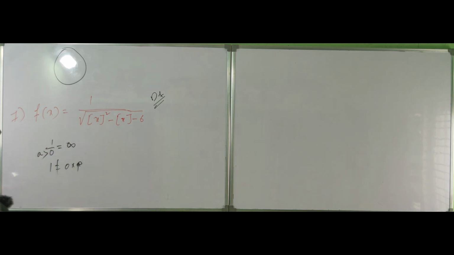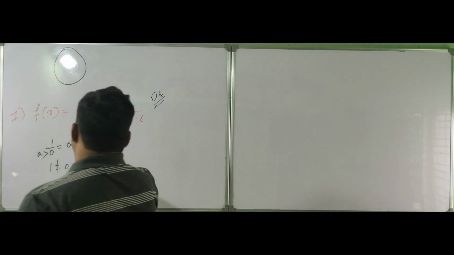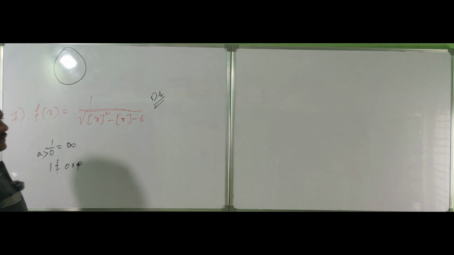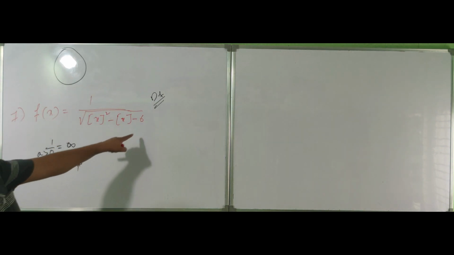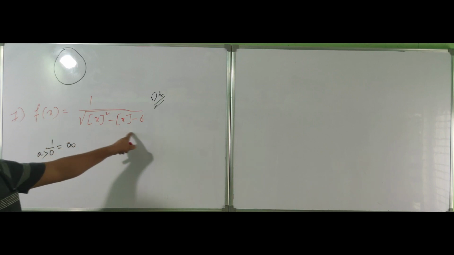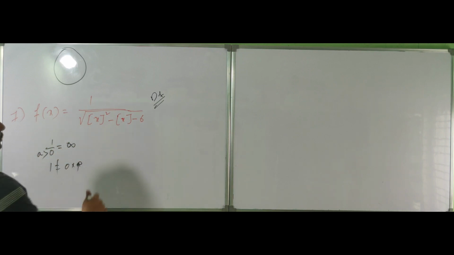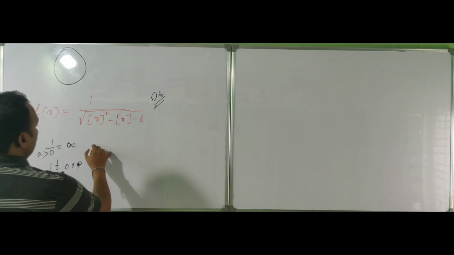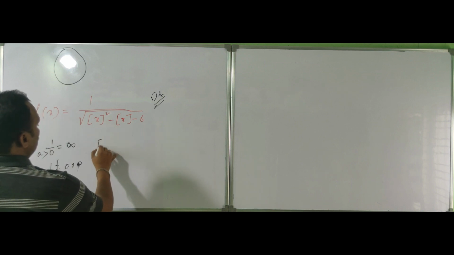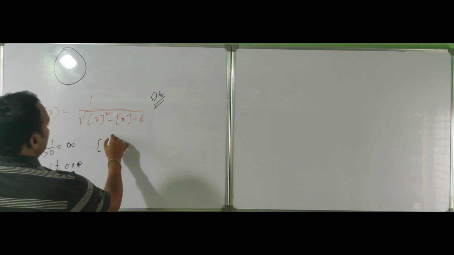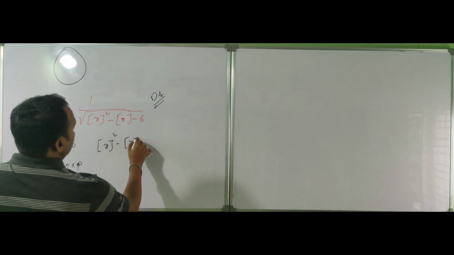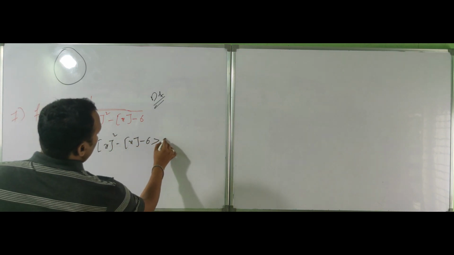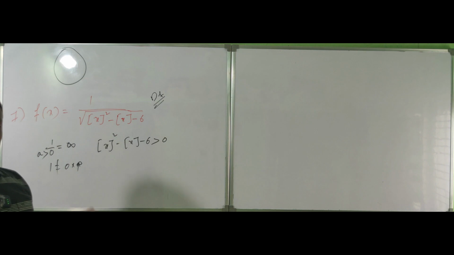Therefore, x belongs to the real numbers, and the square root function must be greater than 0. So I am writing the square root function x square minus x minus 6 greater than 0, not equal to, must be greater than 0.